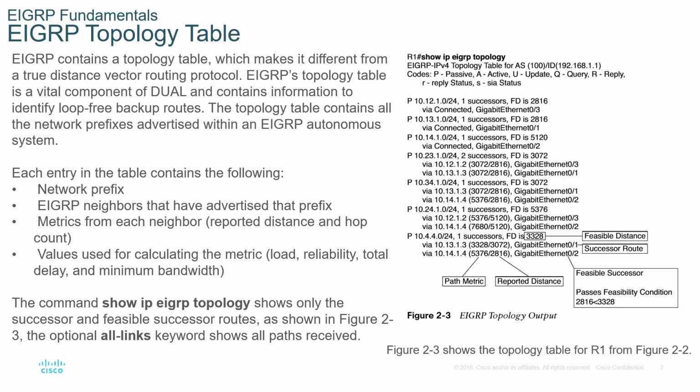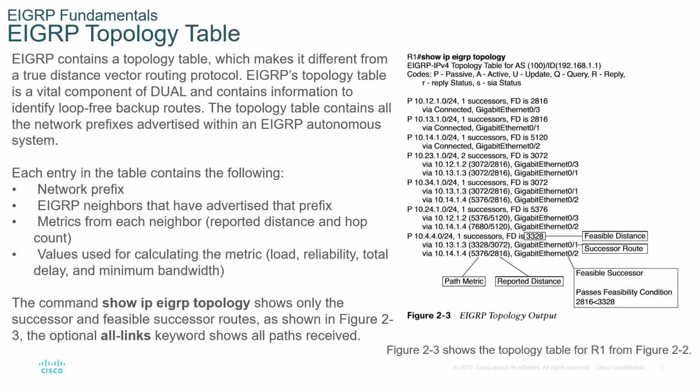Same thing occurs within EIGRP. So it gathers all of its information into a topology table, and then these are the ones that have the DUAL algorithm run over it to calculate the best pathing.